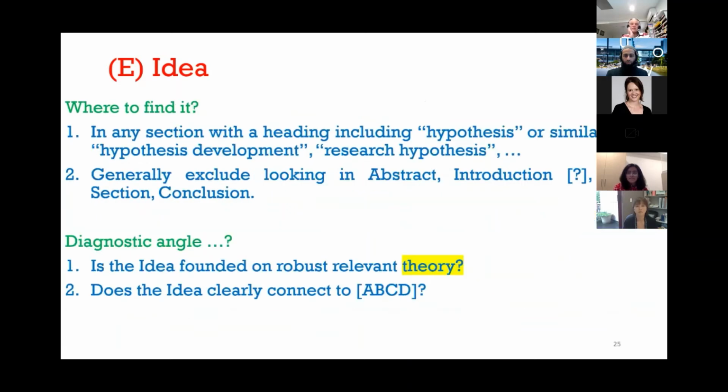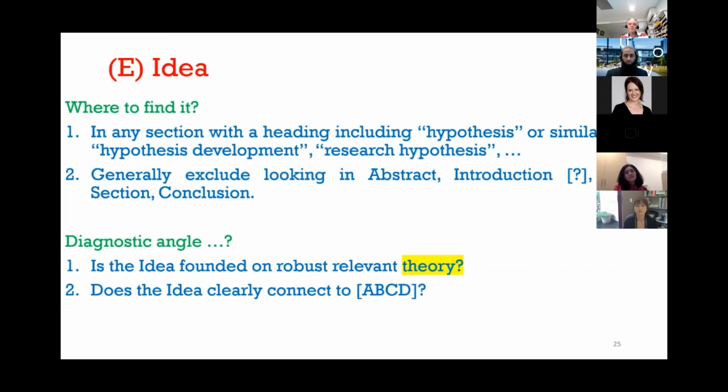So where to find it? It's going to be probably beyond the introduction. So this is one where you might get a bit of information in the introduction, but you want more specific information that could be in a section that is hypothesis development.